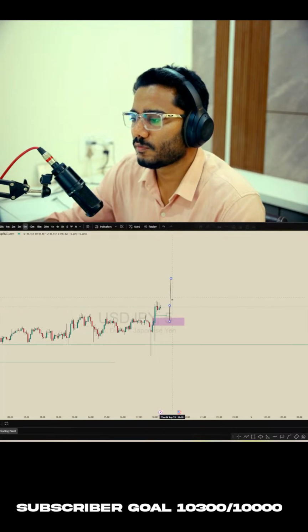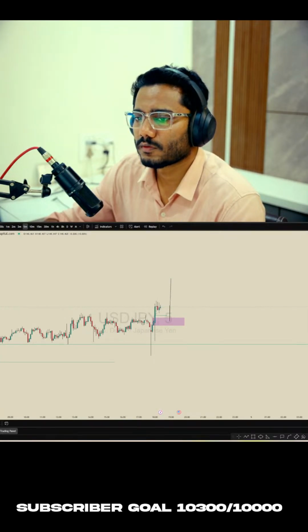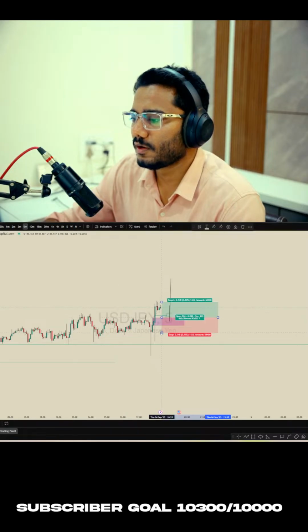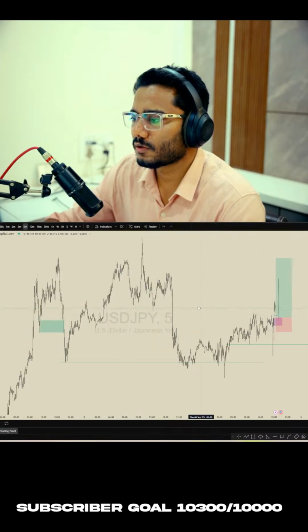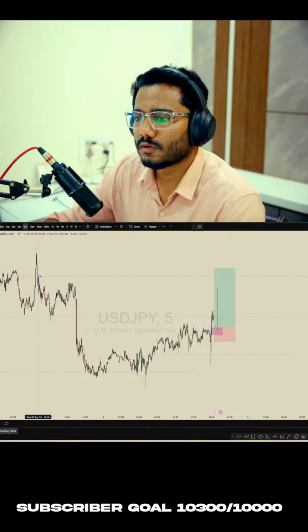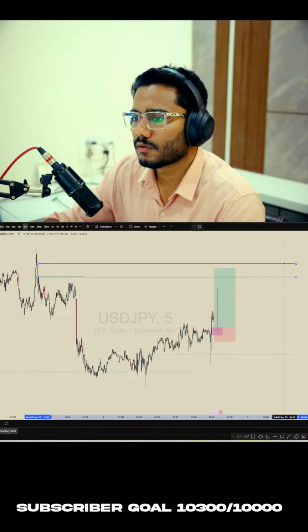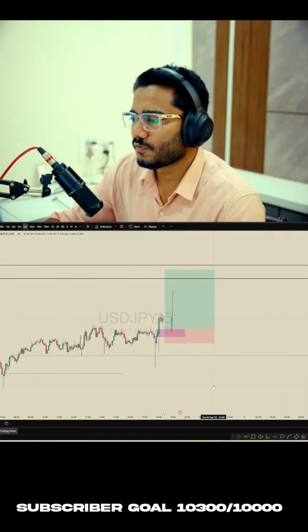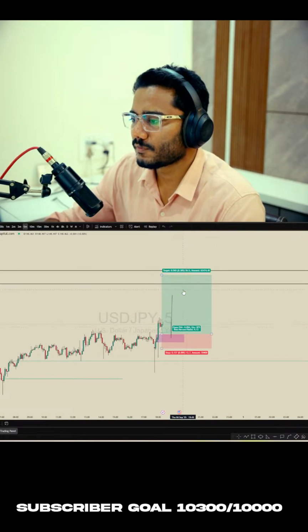Look for entry from here. Entry, stop loss below this low. Target liquidity to the upside. There is imbalance above this area. So you can look for a target around 1:5, 1:4.